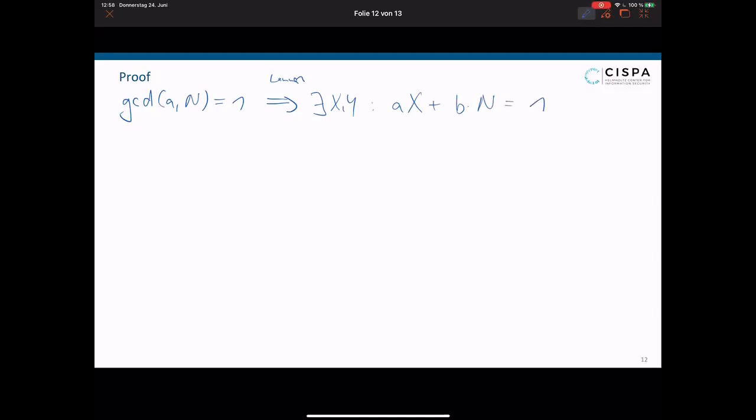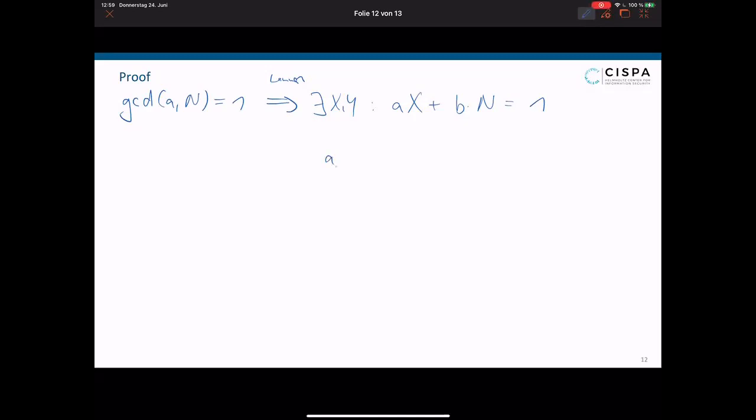What does that mean? What can we deduce from that? Over the integers, it holds a times x plus b times n equals 1. Someone wrote b is the inverse of a mod n, and someone else wrote x is the inverse. So who's in favor of b and who's in favor of x? Okay, it seems like we have a consensus for x, and this is correct.